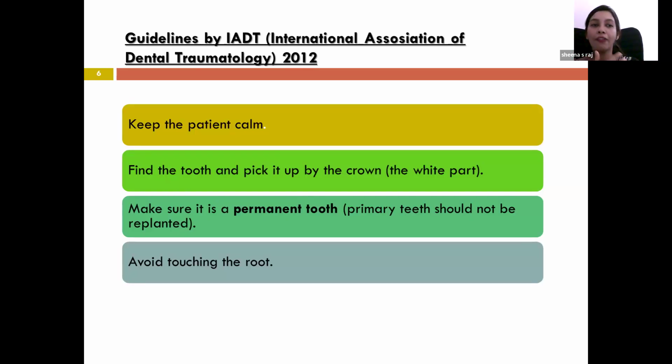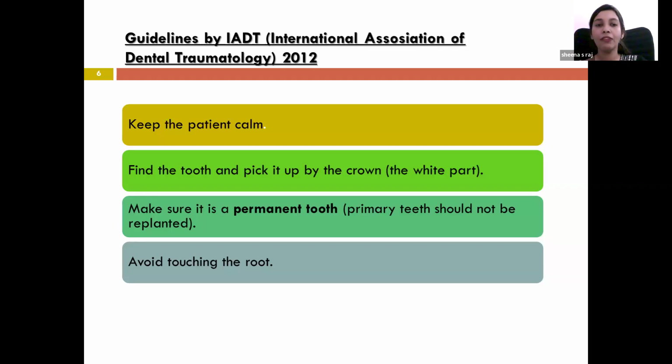Because as we know, we have conservative subject, pedo subject and all. There is a particular association, the IADT, which always gives guidelines on how to treat the various stages of fall or trauma, etc.